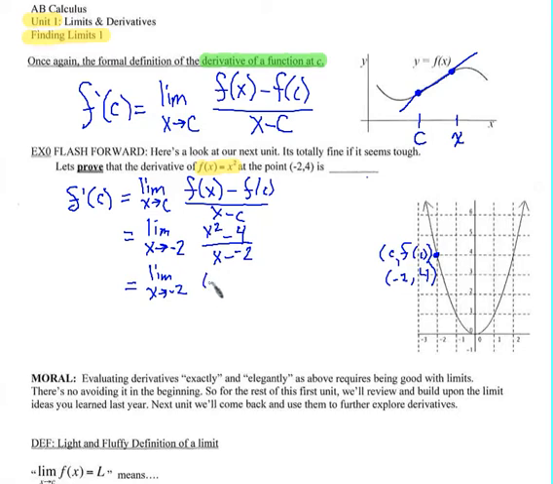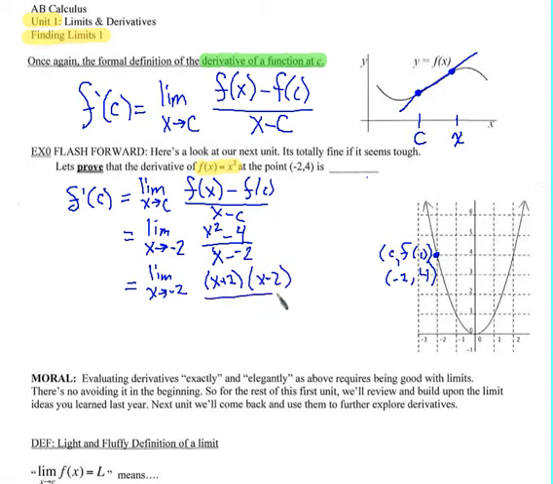And it's actually a pretty straightforward limit. I'm going to rewrite this, and as I rewrite it, I'm going to factor this. So the numerator factors into x plus 2 times x minus 2.